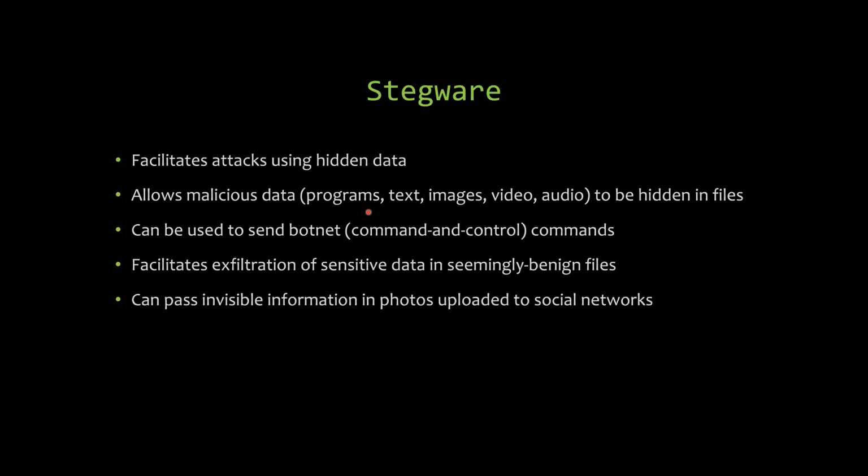So, an example of that would be the corporate DLP use case that I mentioned previously. And then it can pass invisible information in photos uploaded to social networks. And that's actually one that is on the rise as well, where something like Twitter has no validation for the types of content. There are no checks to determine whether or not there is embedded data within an image that is posted to something like Twitter.